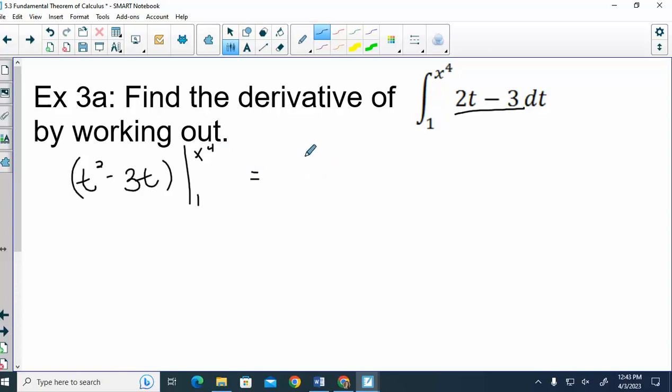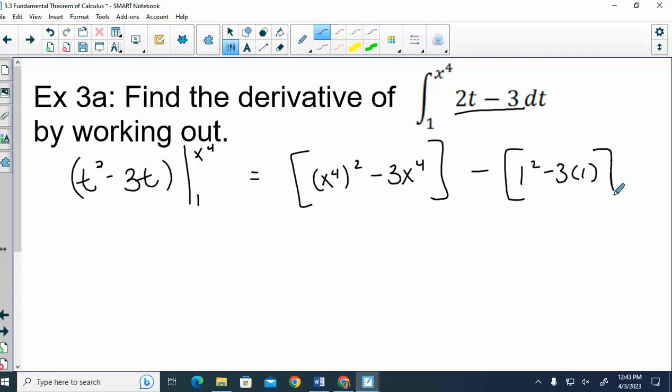So if I plug that in, you get x to the 4th squared minus 3x to the 4th minus, if I put in a 1, so we get x to the 8th minus 3x to the 4th plus 2.